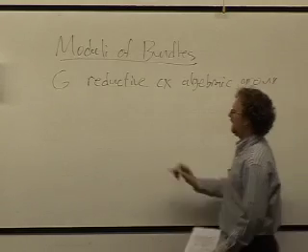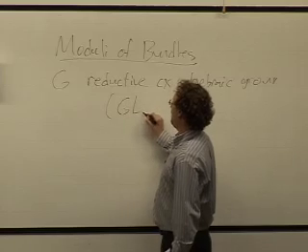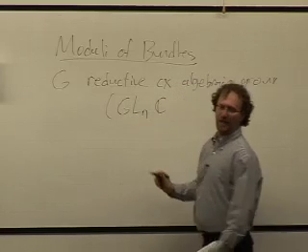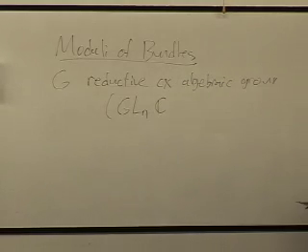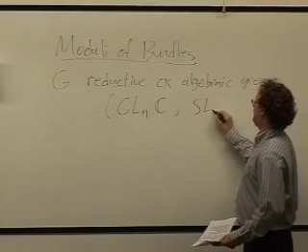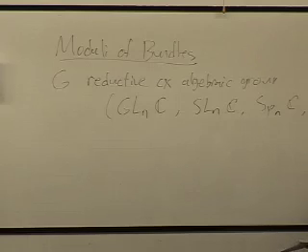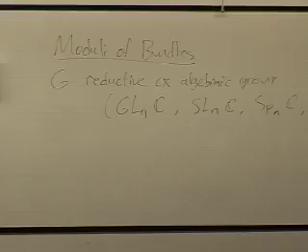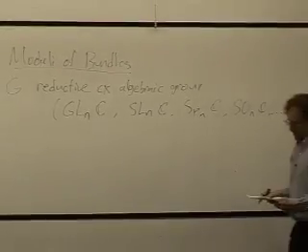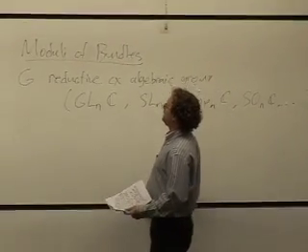This means that for most of the time we'll just think of GL_n(C). But if you'd like, we could also put in SL_n(C) or your favorite complex Lie group, etc. So this is what we look at.